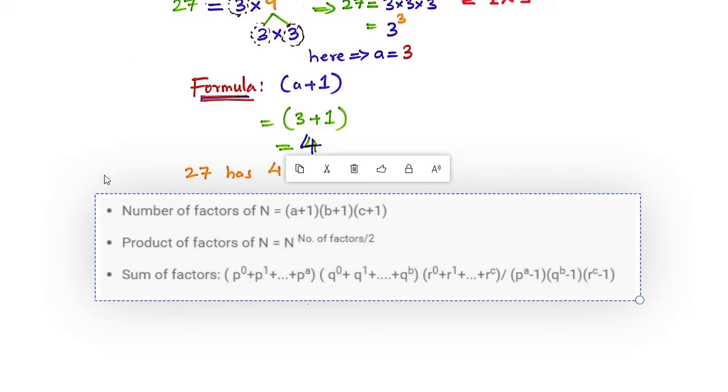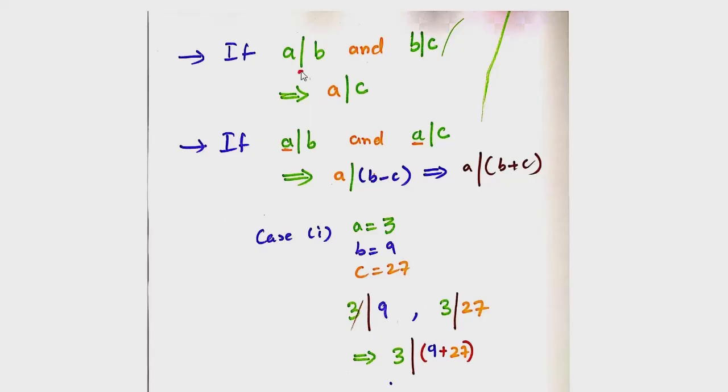It depends. Now we have a divides b. It is saying that a is dividing this b completely, so we can say that a is a factor of b. All right, so in the next case, b is dividing c. You have to say it in this way: b divides c. So this implies that a divides c.